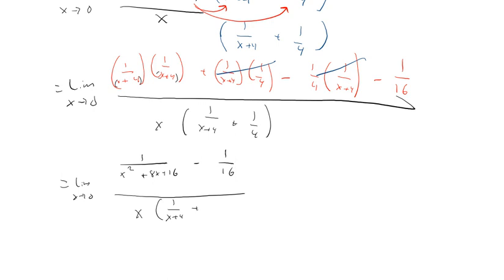Any ideas, folks? This was x times x plus 4 over x plus 4. That was that thing there. I have this fraction on the top. I got these fractions on the bottom. We deal with it. We deal with the situation that we're given.